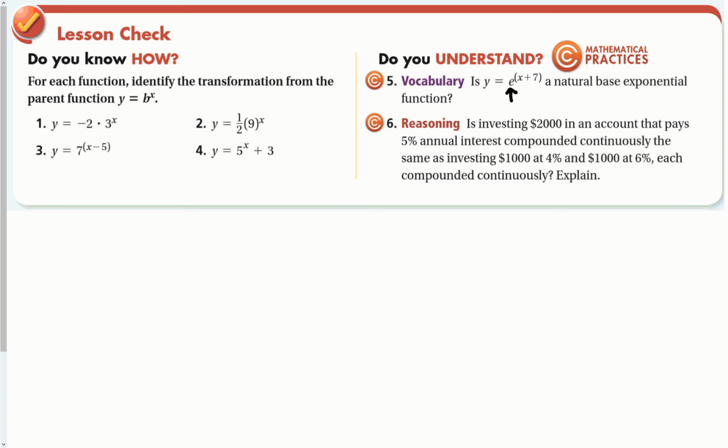We would have to actually do the calculations to see. It would never be quite exact, I don't think. But who knows? You'd have to calculate it to see which one gives you more. Over time, less money at a higher interest rate will give you more money, but probably not anytime soon. Okay, so that was 7-2, properties of exponential functions.